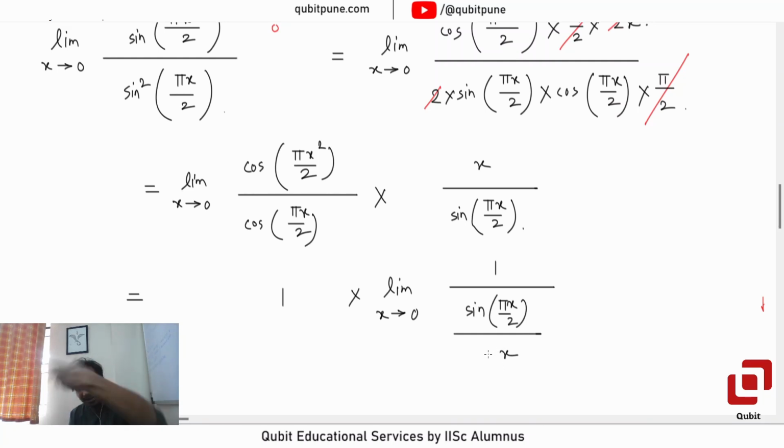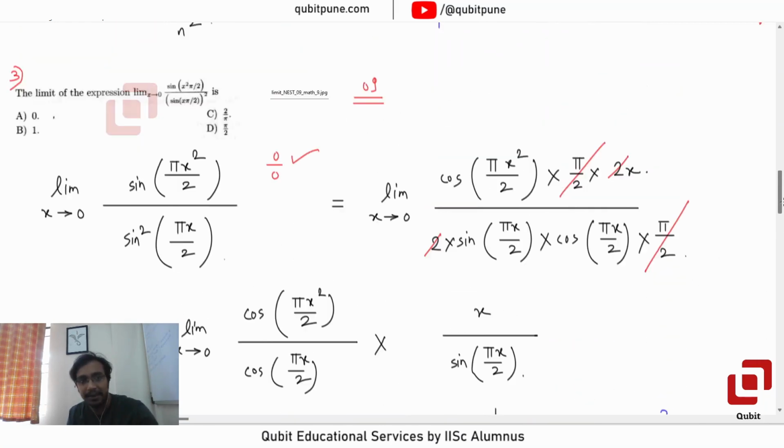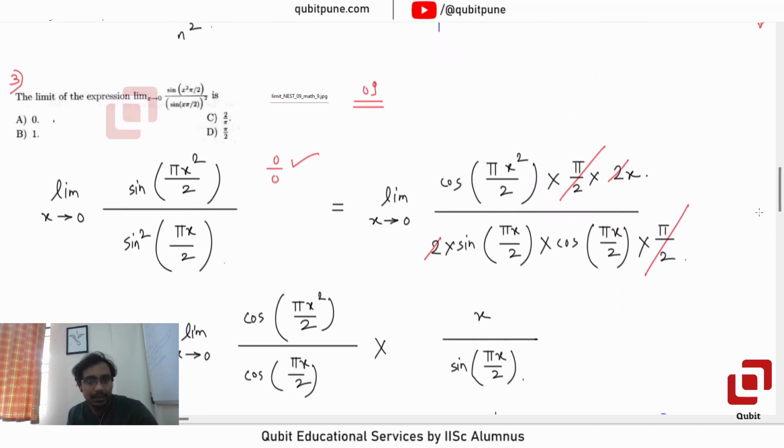Because this has pi x by 2 there, let me divide this by pi by 2, and then multiply this by pi by 2. So this limit becomes 1, and that is pi by 2 in the denominator. Eventually it will come in the numerator and become 2 by pi. That is option C.